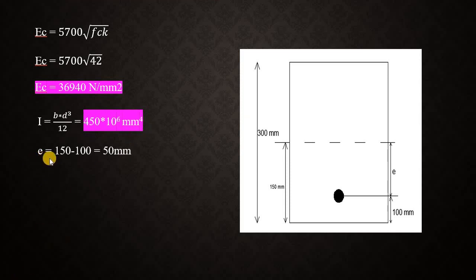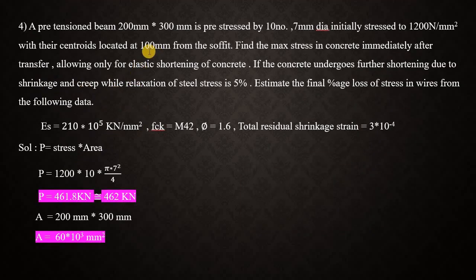Then next we should find out the eccentricity. So we already know 300 by 2 is 150. 150 minus 100. In the question itself, they have given the position, that is, observe here, with their centroids located at 100 mm from the soffit.